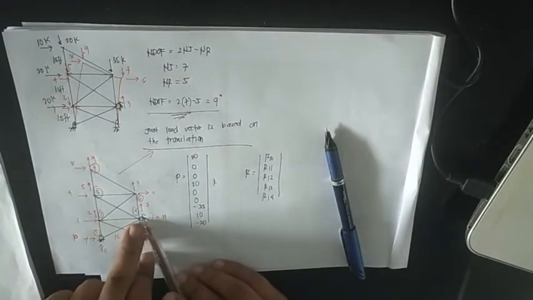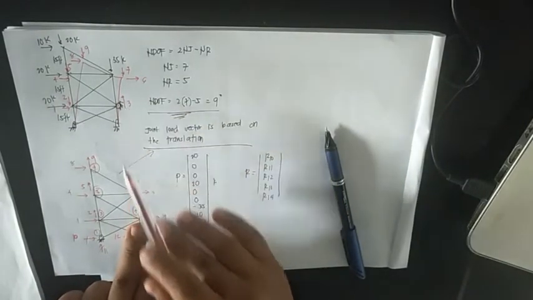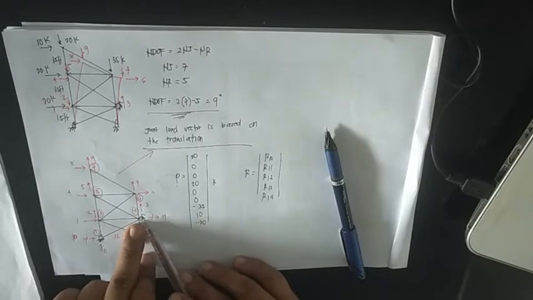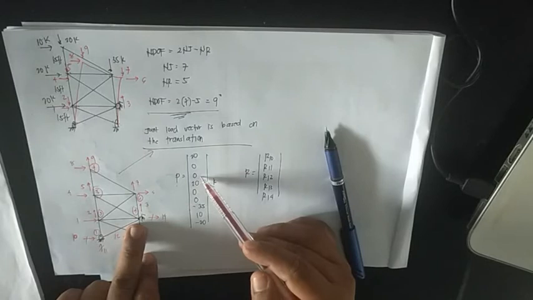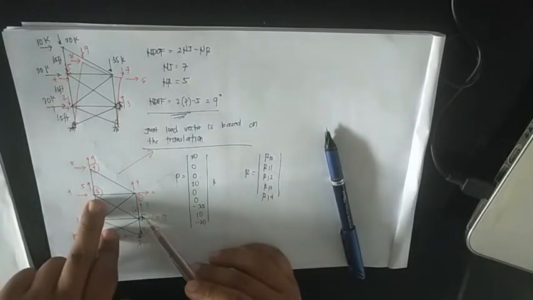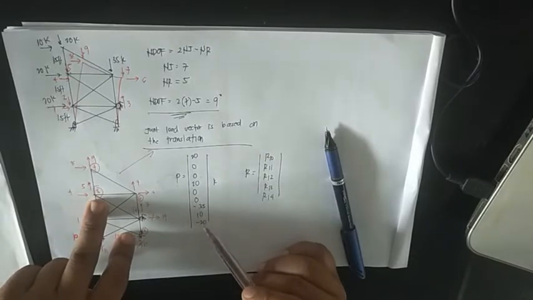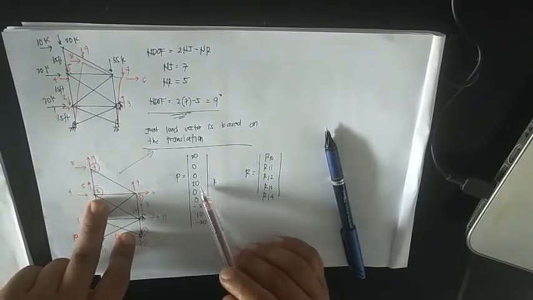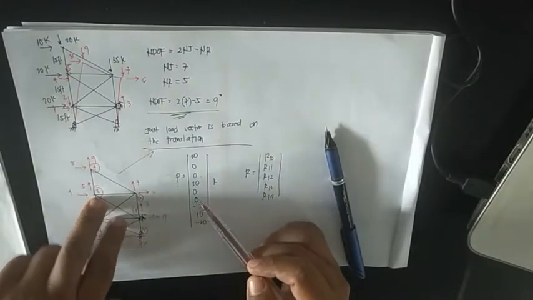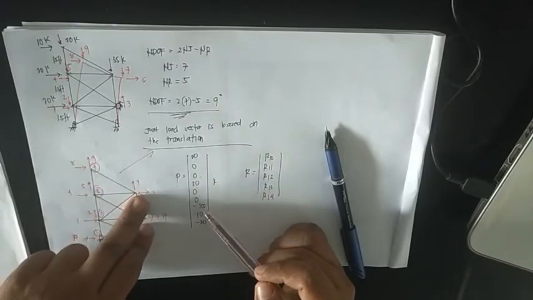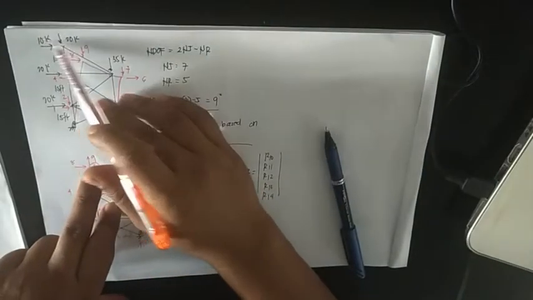At this point, 0 and 0. 0 and 0. And you proceed here. For 5 is 20 and 0. Here is 0, negative 35. Here is 10 and negative 20.